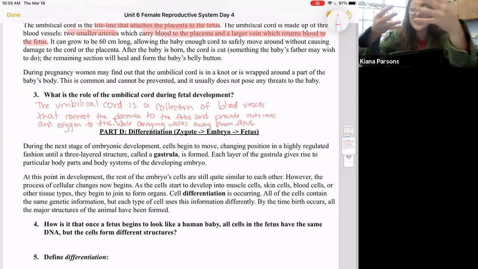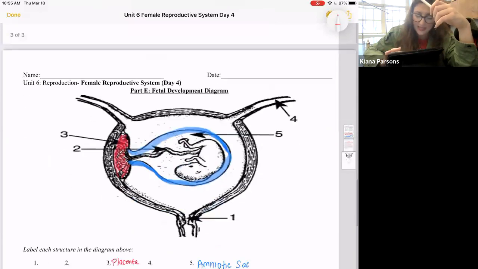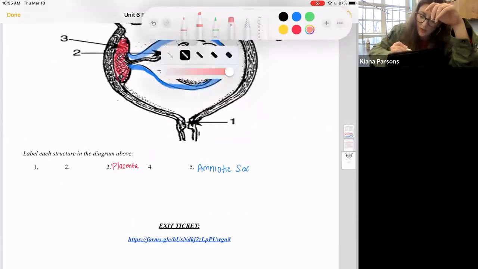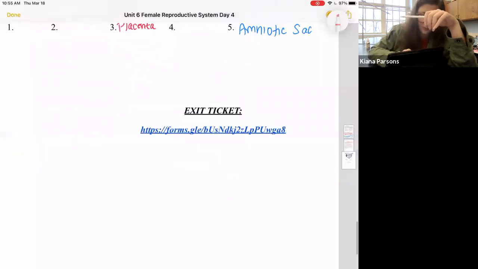And the placenta is the barrier and filter between those 2 blood supplies. And we can see here the umbilical cord attached to the little baby. And that is the umbilical cord number 2.